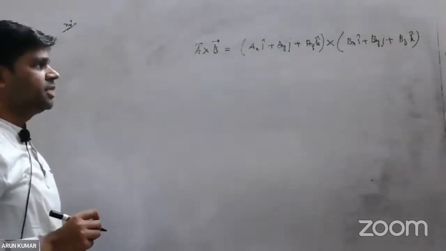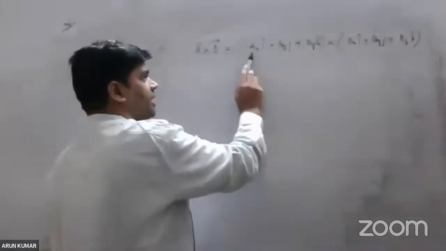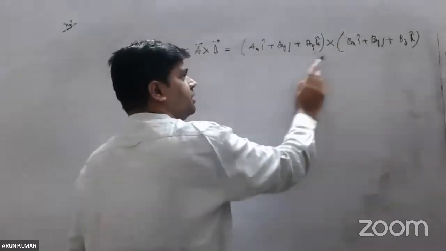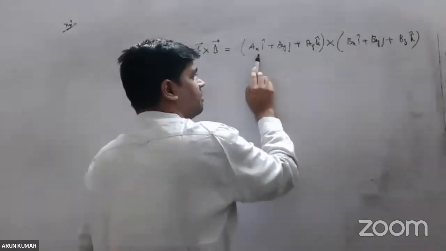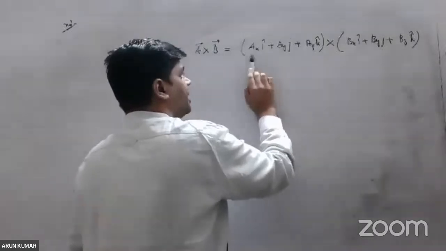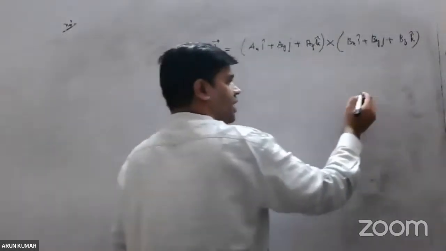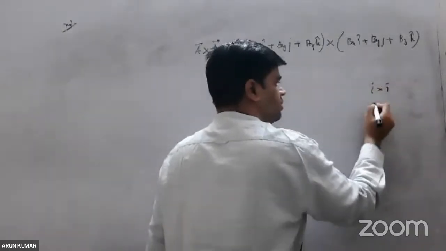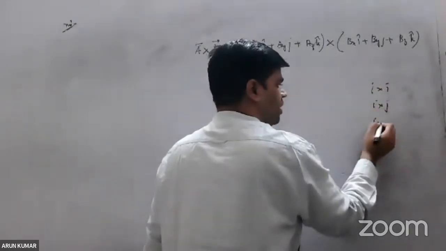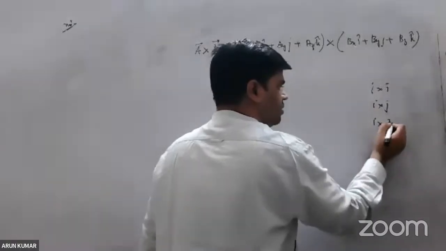What I can do in this case is multiply first ax i cap cross bx i cap, ax i cap cross by j cap, ax i cap cross bz k cap. So in doing so, I'll come across i cross i, i cross j, i cross k, and so on.